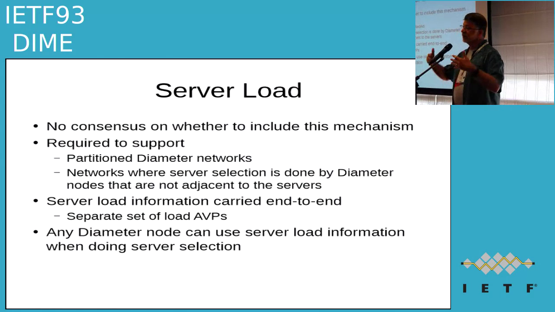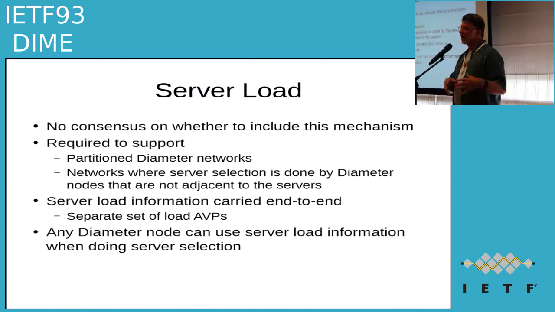What I'd like to propose is that because we have real-world needs for this, in the load draft itself, we could separate this out if we felt we needed a BIS on the base spec. I think that's probably not necessary.